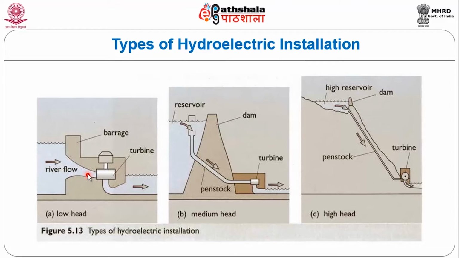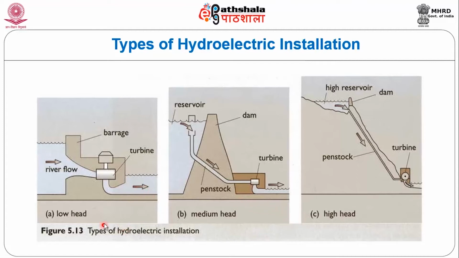When the barrage is opened, the water gushes out through the turbine blades and then it is connected to the generator. The potential energy is converted into mechanical energy, and again into electrical energy. Then the water goes through the tail head, and it goes for agricultural purposes.